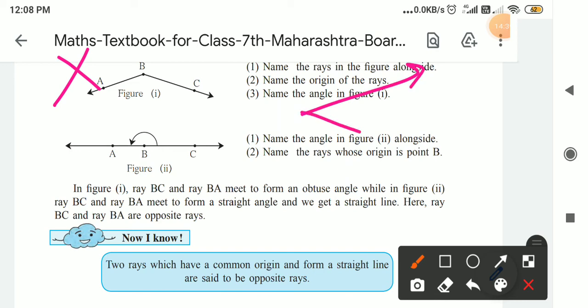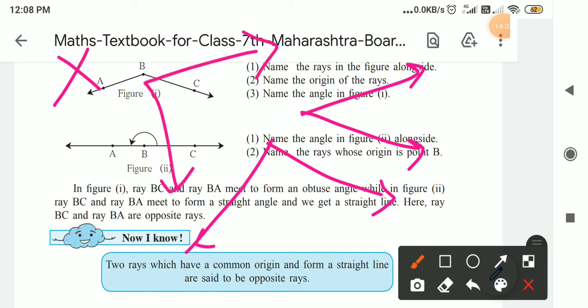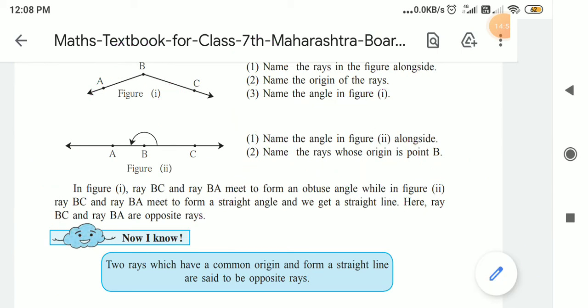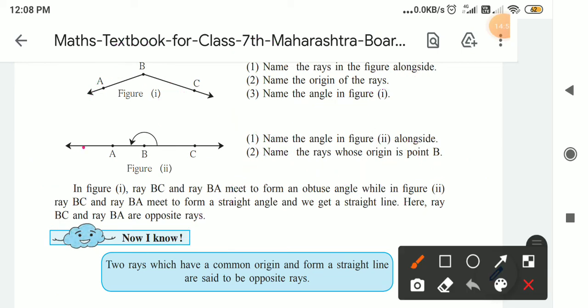Sometimes two rays form acute angles, obtuse angles, right angles or reflex angles, and sometimes two rays lie one on another, which is the 0 angle and the 360 angle. These are all not opposite rays. The rays which are on a straight line and have a common origin are called opposite rays.